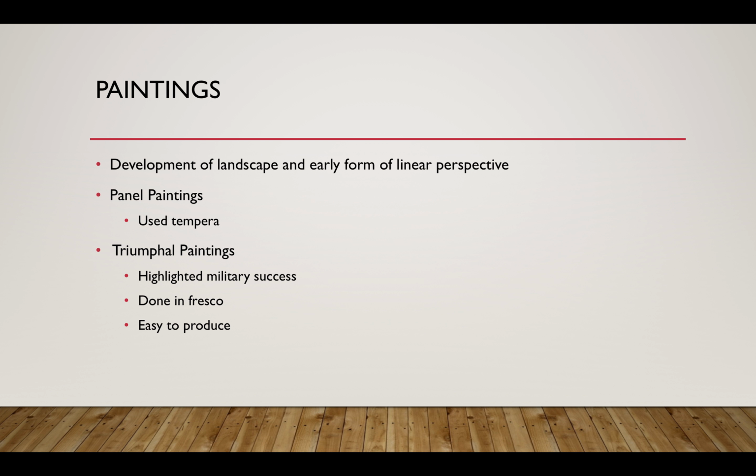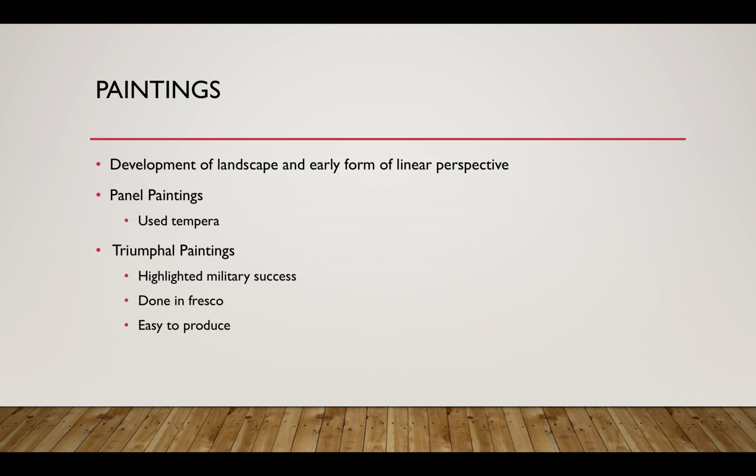They did a lot of panel paintings using tempera paint, which was pretty much just pigment mixed with a water-soluble binder, such as egg yolk. The colors weren't very vivid, not like the oil paintings you see in the Renaissance.